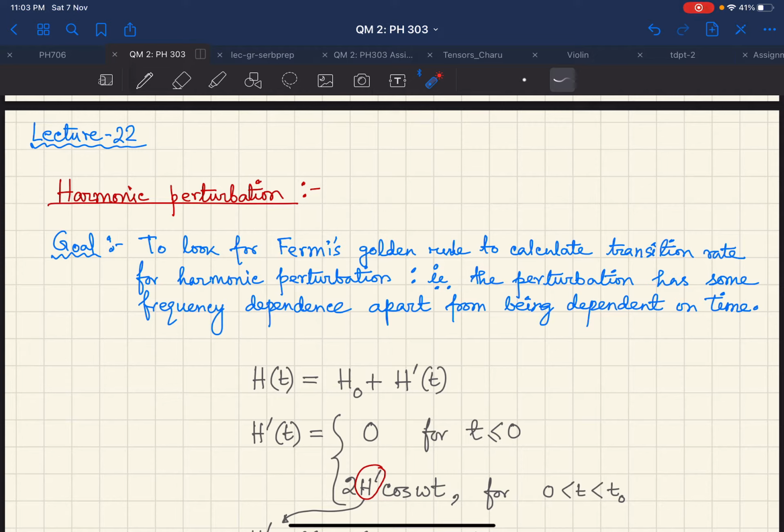That means my perturbation is switched on for a time t0. That's the meaning of this. And for t less than or equal to 0, there is no perturbation. The system is described by only H naught.